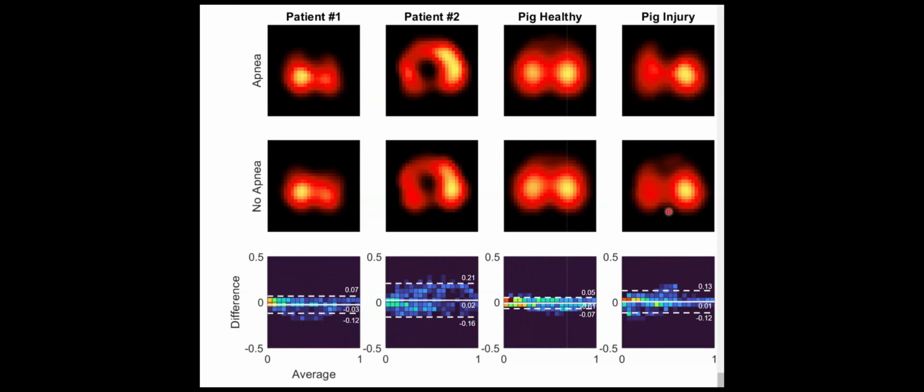It is just a little bit cumbersome because you have to do an apnea for 15 to 20 seconds. This image just represents the difference between the two images and is just showing that this difference is very small. So the correlation between these two images was very good.